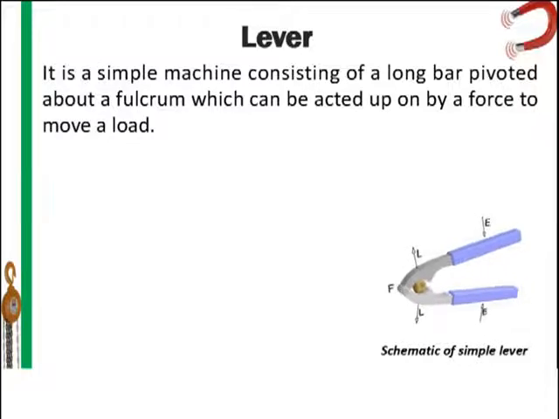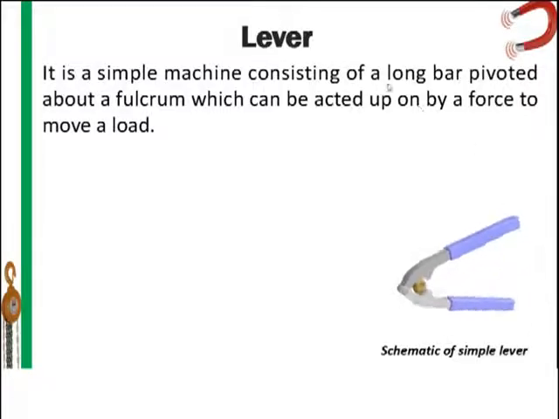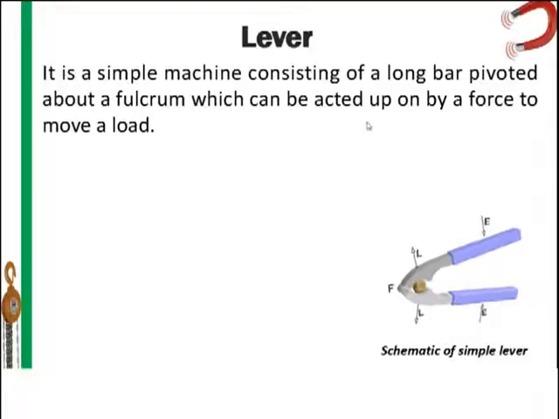Well, a lever is in fact a simple machine which consists of, and if you look in the diagram here, this will illustrate it very well, a long bar which is pivoted about a fulcrum.